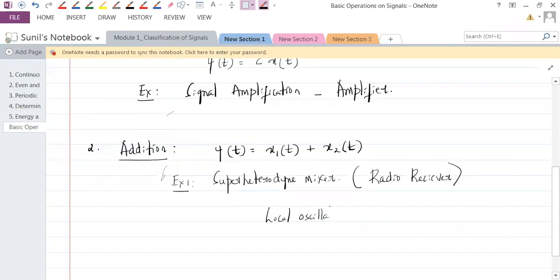Where do you find this local oscillator? Local oscillator will be found in a radio. So local oscillator frequency, that is FLO, let's write. And we have the frequency of the station, frequency of radio station.